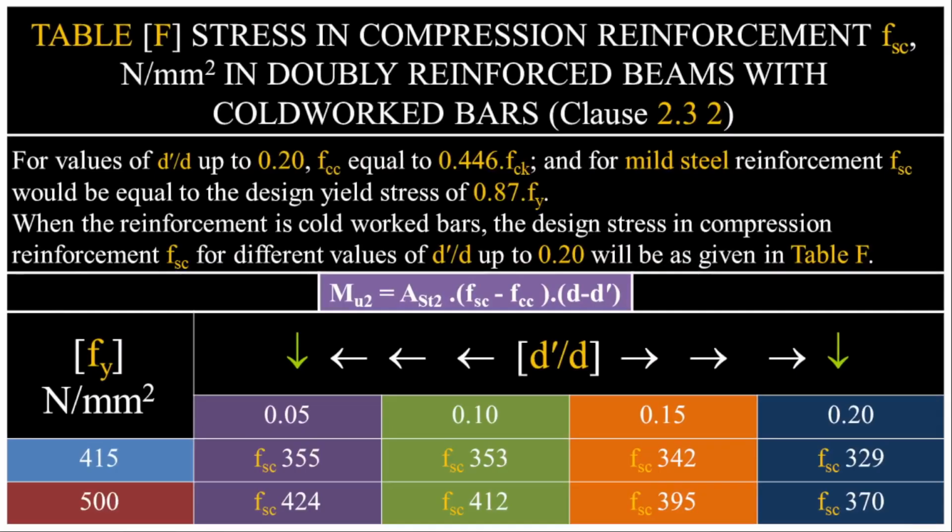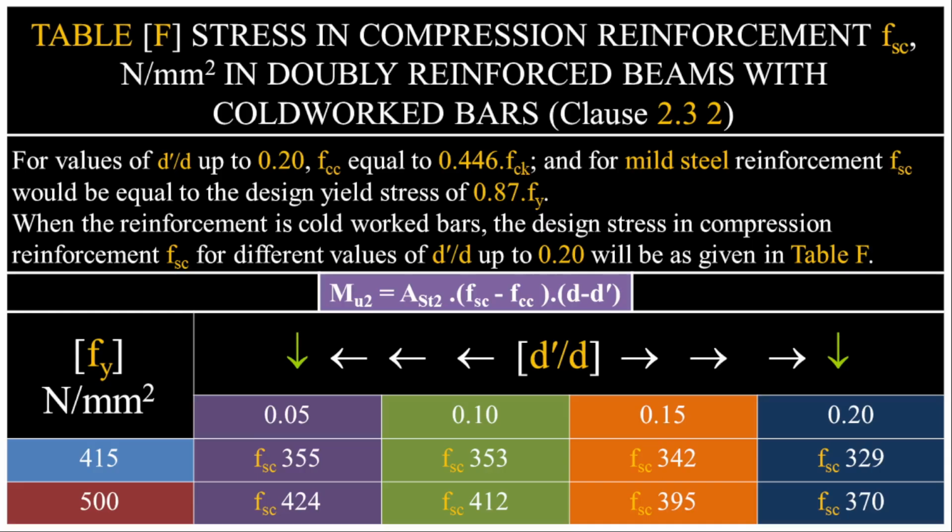Table F: stress in compression reinforcement fsc, Newton per square millimeter, in doubly reinforced beams with cold worked bars, clause 2.3.2. Now, let's look at Table F, which details the stress in compression reinforcement, denoted as fsc, in Newton per square millimeter. This table is specifically for doubly reinforced beams utilizing cold worked bars, as outlined in clause 2.3.2 of the relevant design code IS 456.